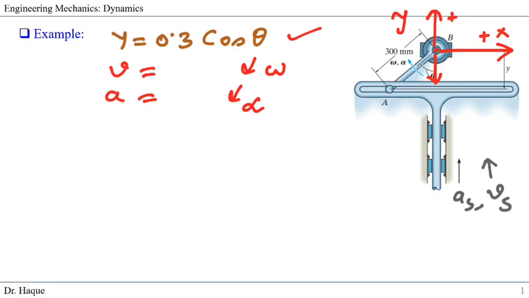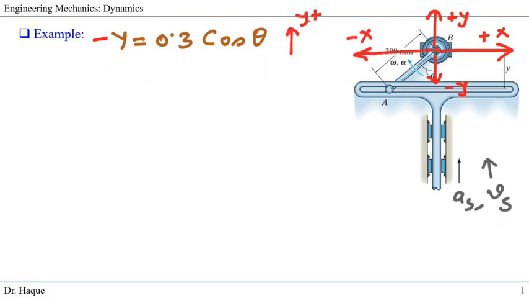And so if this is our negative y direction, anytime we take 0.3 cos theta, we will get y which is in the negative y direction. So what we can do is take the direction of velocity and acceleration in the positive y direction. So our velocity and acceleration which is given would be positive, but we can take this relationship putting a negative in front of it because our y location is in the negative coordinate of the y-axis.